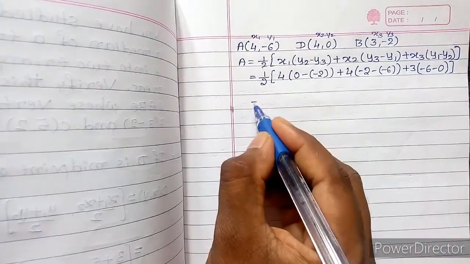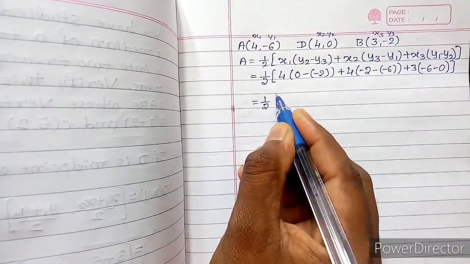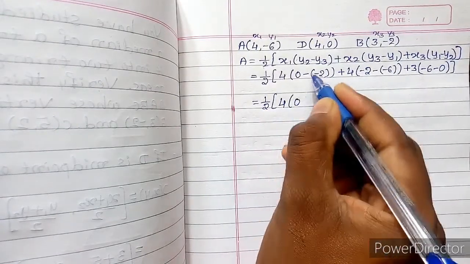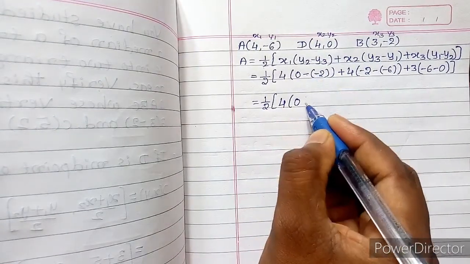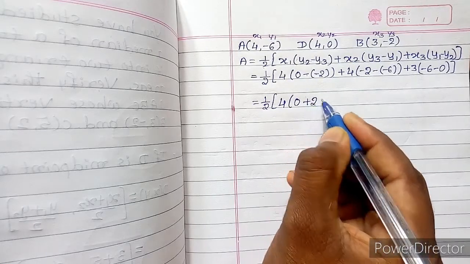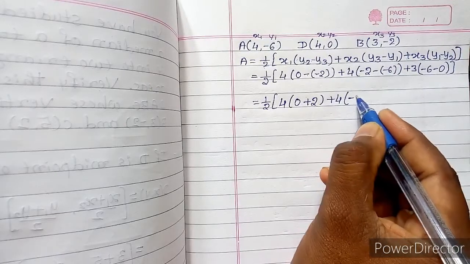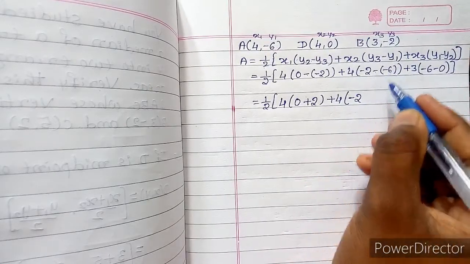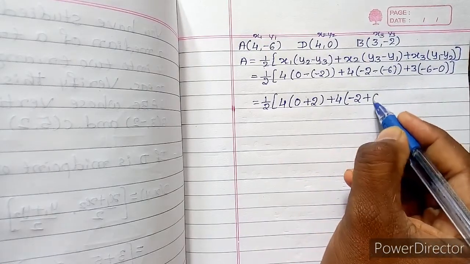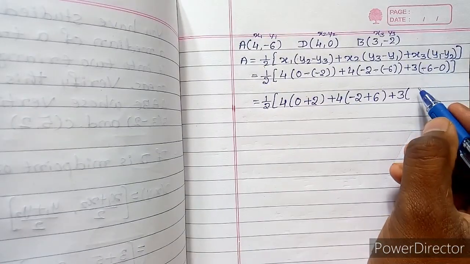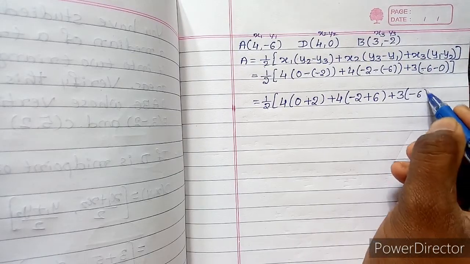Then next simplify 1 by 2 into bracket 4 into bracket 0 minus 2, into minus it becomes plus 2, then plus 4 into bracket minus 2, minus into minus it becomes plus 6, plus 3 into bracket minus 6 minus 0 is minus 6.